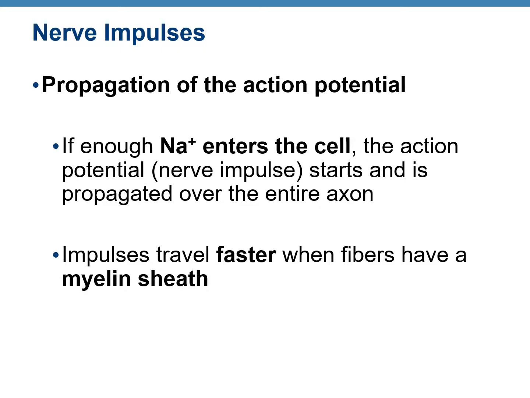If the number of sodium ions entering the cell is above a certain threshold, then the action potential starts traveling, or it is propagated over the entire length of the neuronal axon. And these impulses or action potentials travel faster if the axon is covered by a myelin sheath.